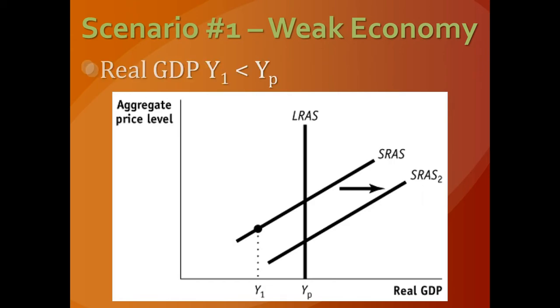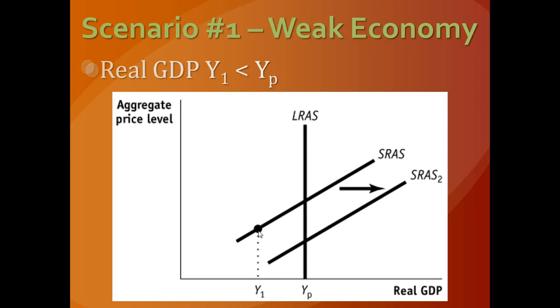So in this scenario, if real GDP, which is measured as Y1, output 1, is less than the potential output, then we would see a situation in which we're basically in recession. We could be producing more than we actually are. If that's the case, then workers presumably would be willing to accept lower wages in order to maintain their jobs, because people in a recession begin to lose their jobs.